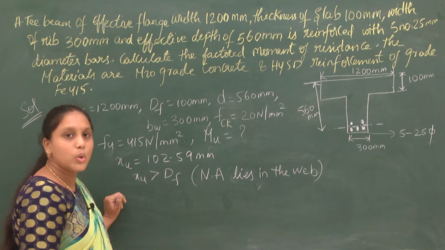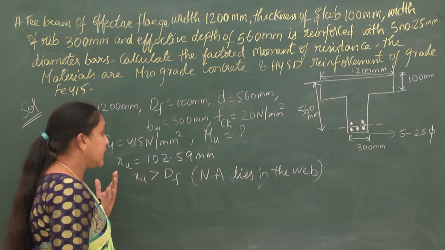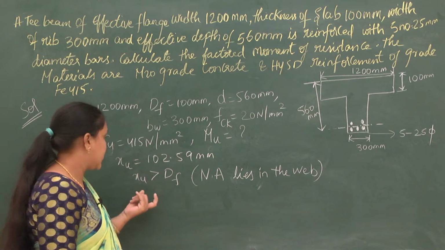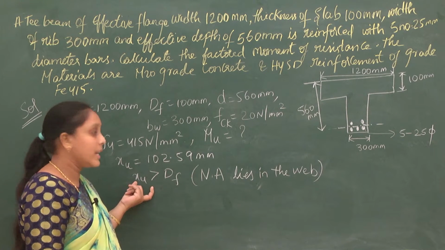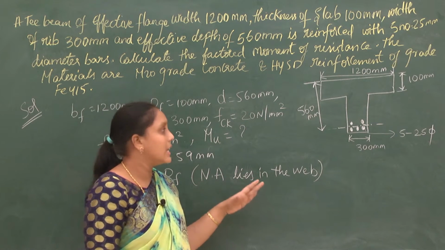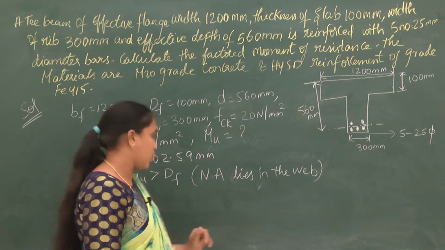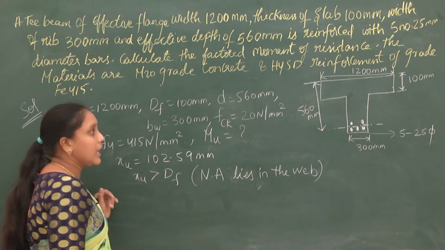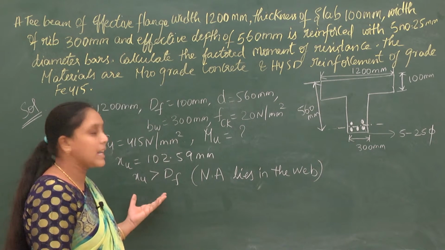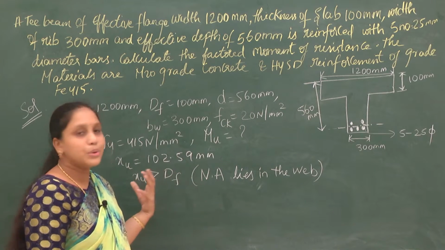Now what we have to do? We have to calculate the new neutral axis depth XU, considering the neutral axis lying in the web portion. So what is the equation we have seen for calculating the new neutral axis?